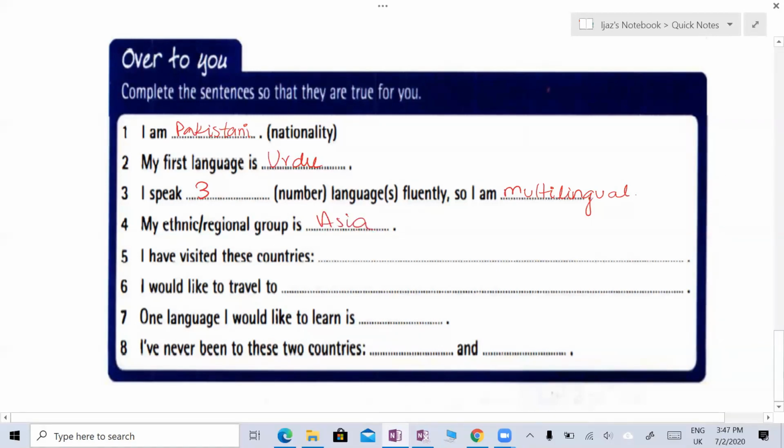Okay. Number 5, I have visited these countries. Now you can write countries which you have visited, 1 or 2 or 3. Anis says Pakistan only.